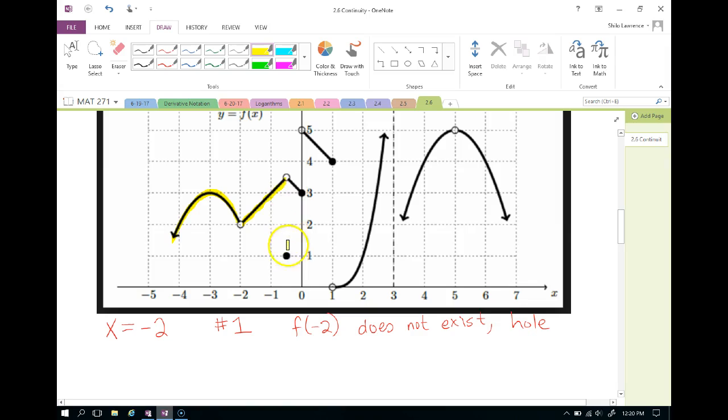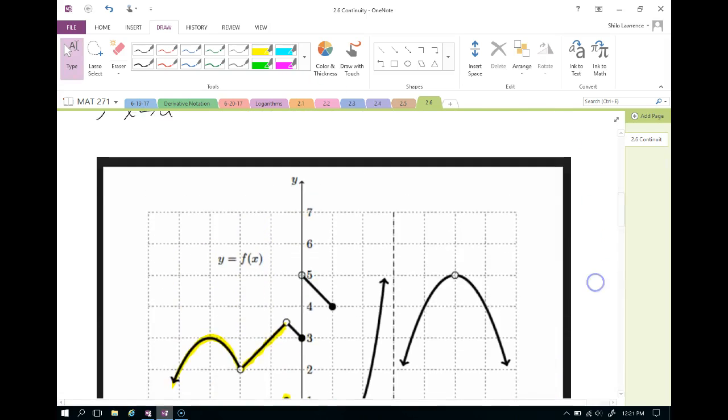But once I get to, it looks like x equals -1/2, I've got another hole. But notice that there is a point. It's just at a different spot. So this is a jump. There is a point that has an x value of -1/2, but it's not where the limit is indicating it should be.